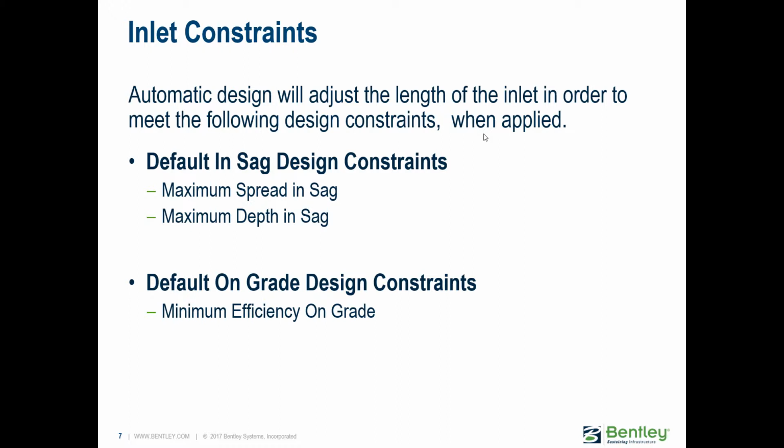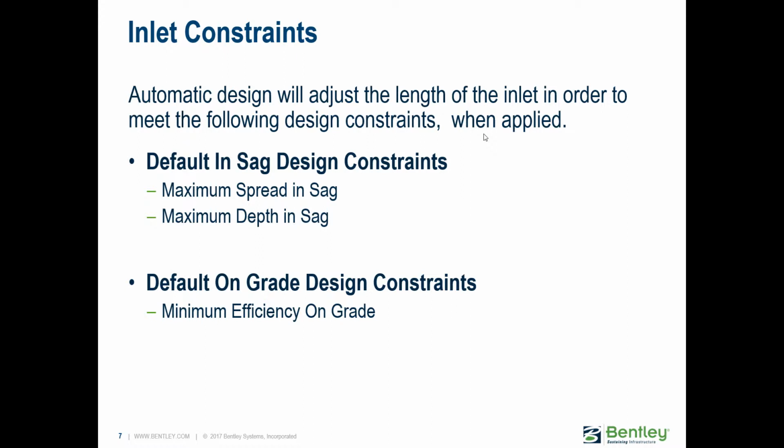So it will figure out what the length of that grate inlet needs to be in order to collect all the water and minimize the spread for the in-sag inlets and depth because it knows the geometry of that, so it can figure that out.